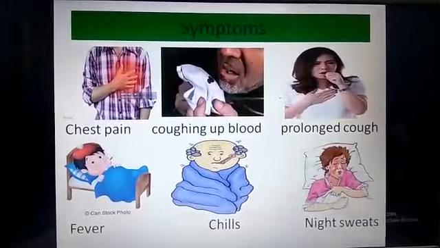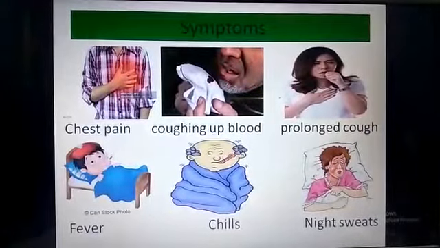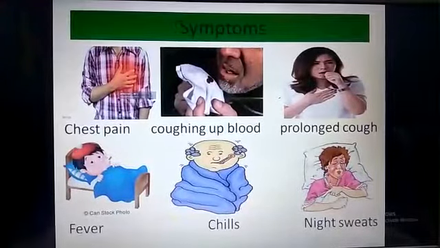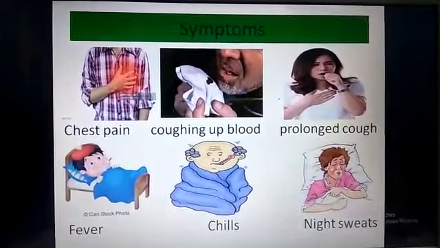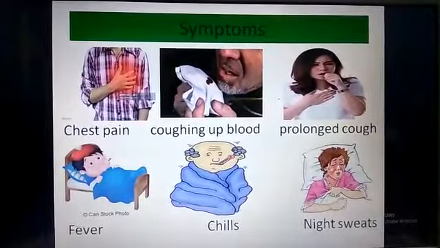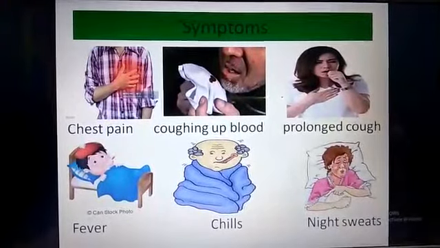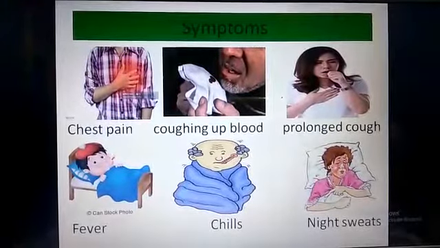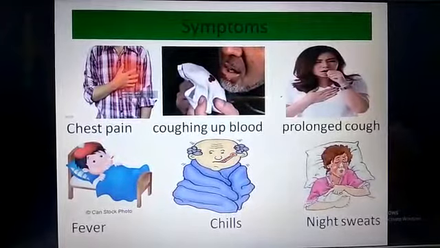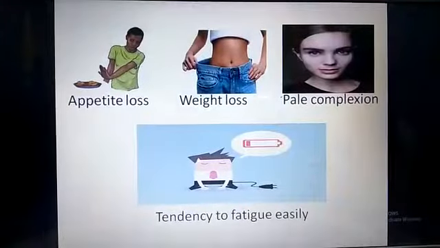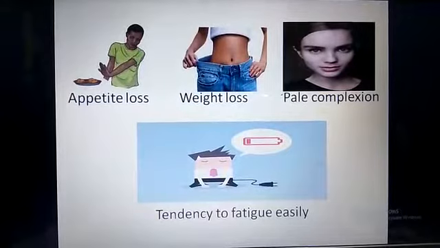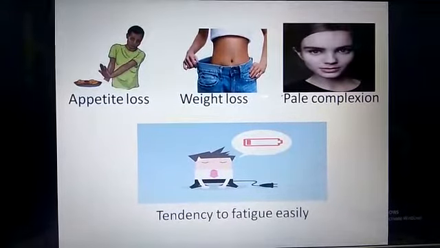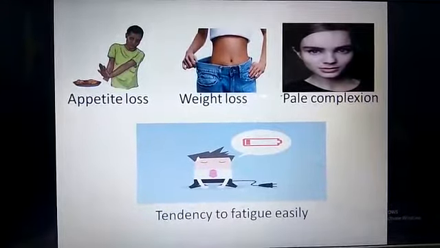Now let's look at the symptoms of tuberculosis. Some of the symptoms are chest pain, coughing up blood, prolonged cough for more than 3 weeks, then fever, chills, night sweats, sweating at night, appetite loss, weight loss, and pale complexion. Pale complexion means the complexion is whiter than the normal complexion.